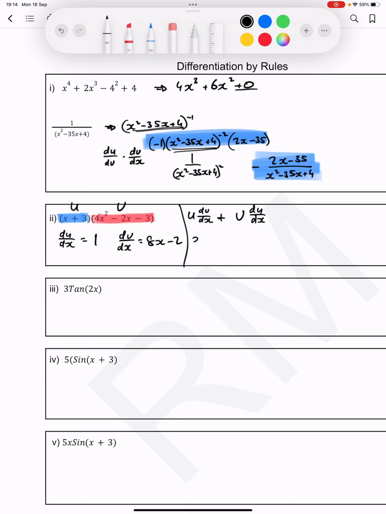It's going to be u, which is x plus 3, times dv/dx, 8x minus 2, plus v, that long one, 4x squared minus 2x minus 3, times du/dx, just times 1. That would be that done. You could expand that out and tidy it up, I guess. I'm not going to go through that now, but you could.